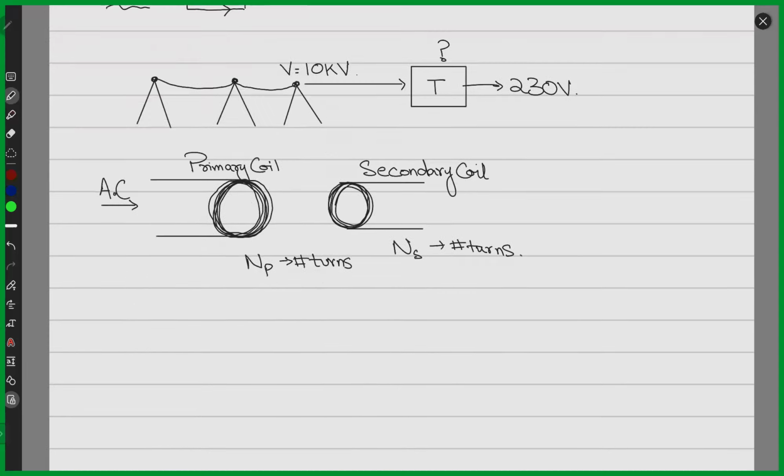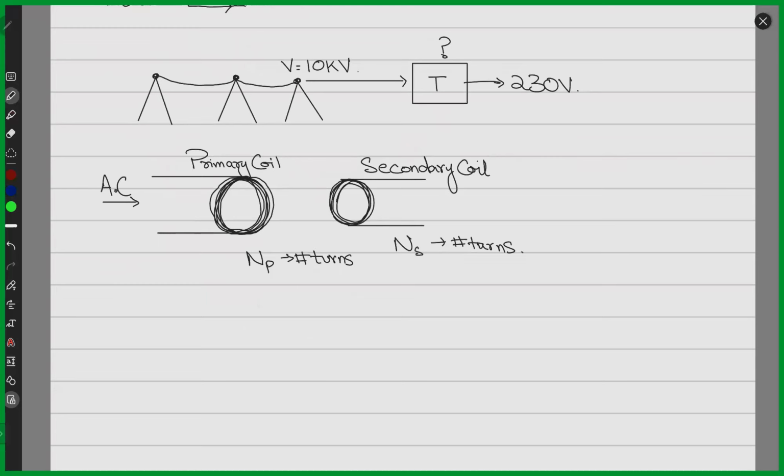And we know that this changing magnetic flux is going to give rise to an EMF. How do we know that? We know that EMF is minus d phi by dt. So if there is a changing magnetic flux, then there will be an EMF induced in the coil, right?